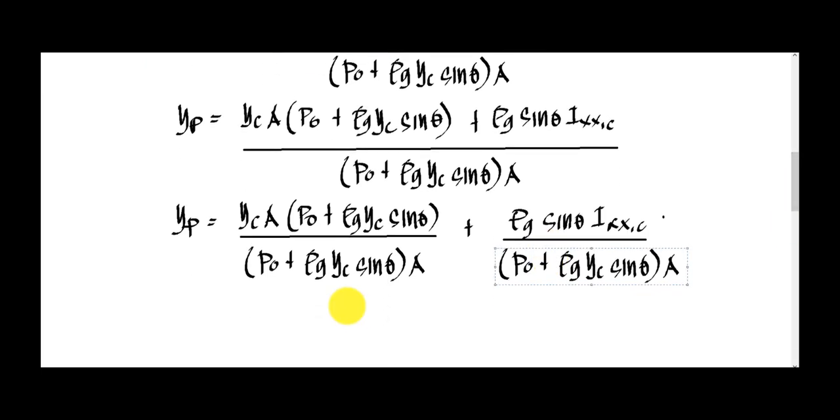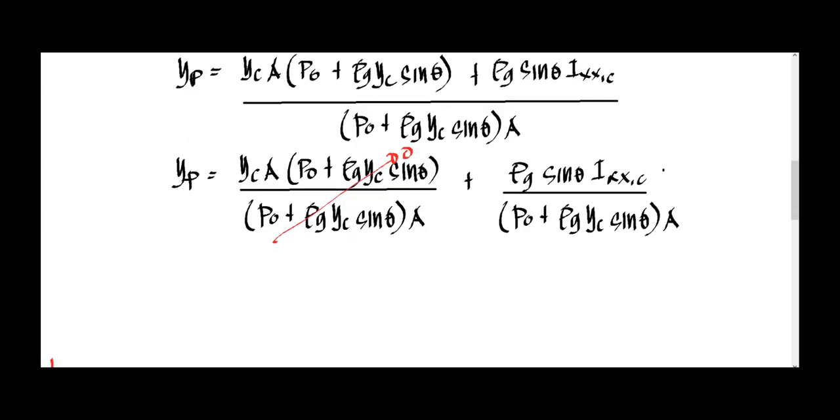So we can cancel out what is common. So we have here your common here. So they are 0 now. Cancel that one. And what is left is yc. So we can write our equation as we have your yp now, which is equal to your yc.